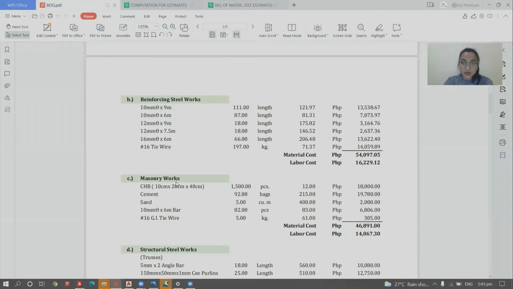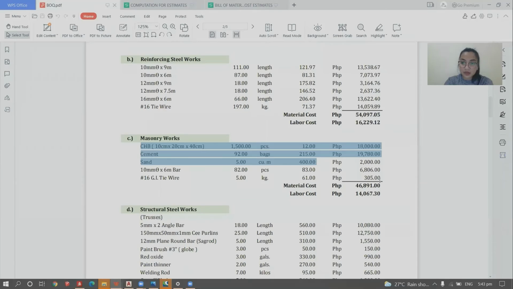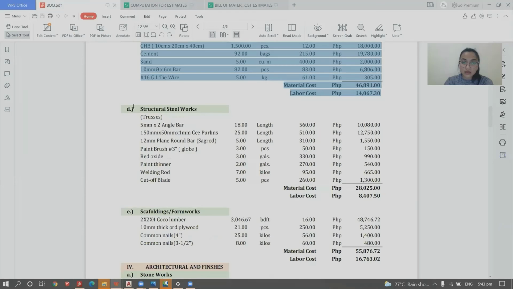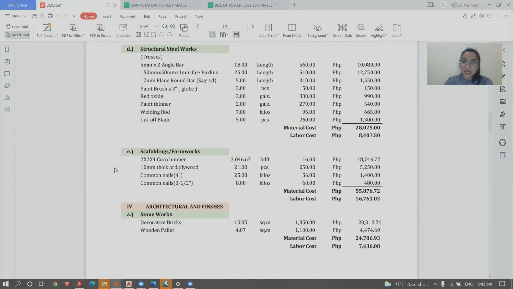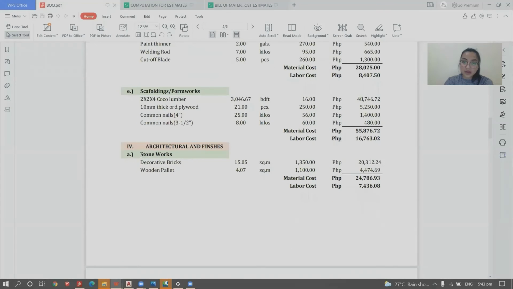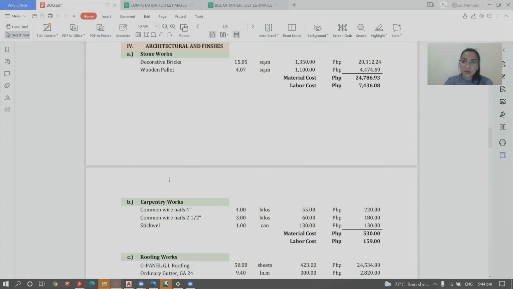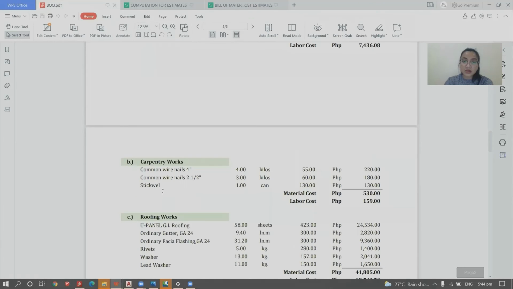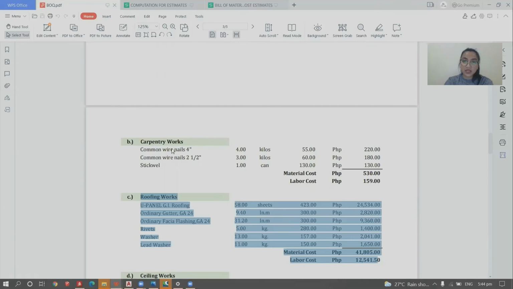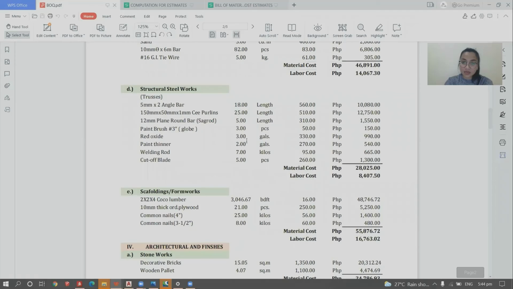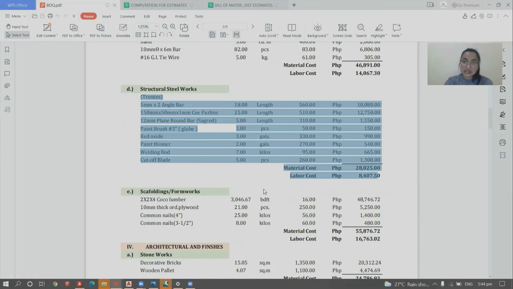So for masonry works, we have here the estimated cost. For structural steel works or roofing, and then scaffoldings. And then we have architectural and finishes. Carpentry works. The roofing part is actually the trusses.